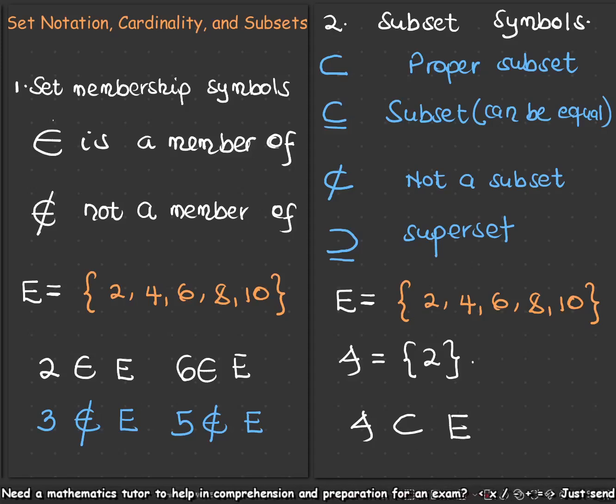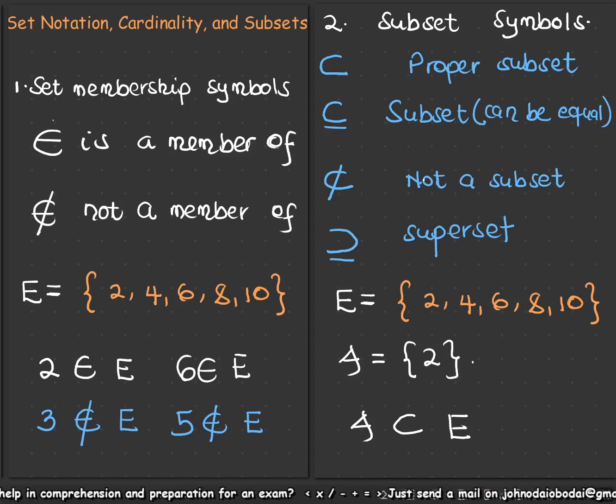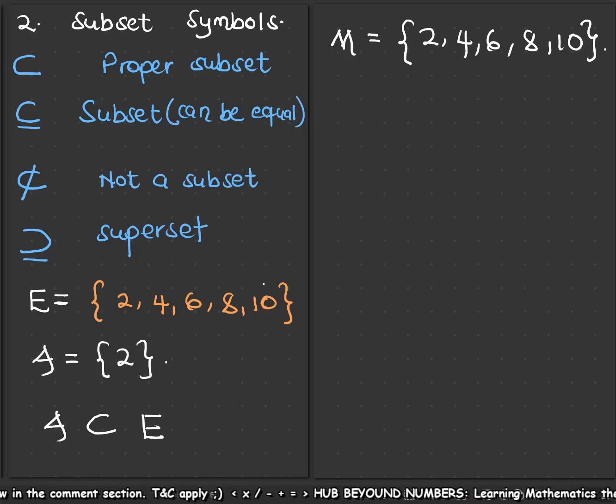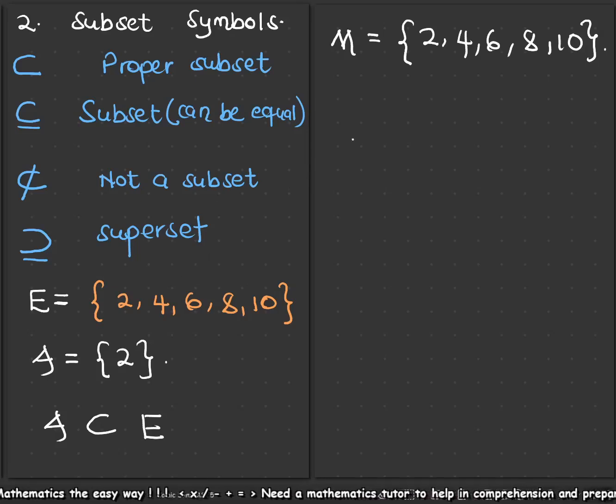Now let's look at the other symbol, which we call the subset that can be equal. For that, let's take another set, set M, which I'll call multiples of 2 less than 11. Remember I said set E was even numbers less than 11, and set M is multiples of 2 less than 11.